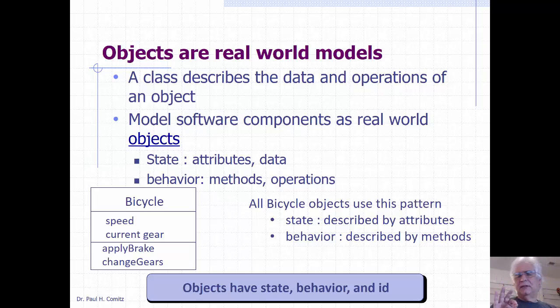Now, the idea of object-oriented programming is a simple but powerful idea, and it manifests itself in the way we abstractly think about and design our software programs, as well as the actual implementation, the way we write the code. So it changes the way we think about things. We talk about these components, these objects, as real world models.